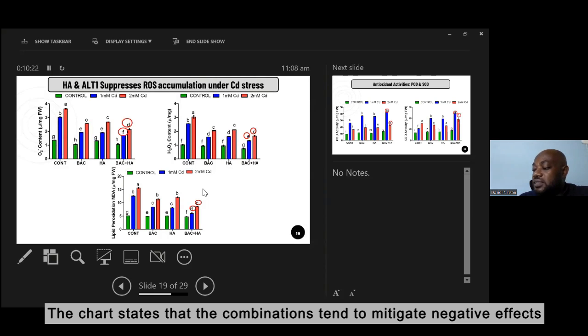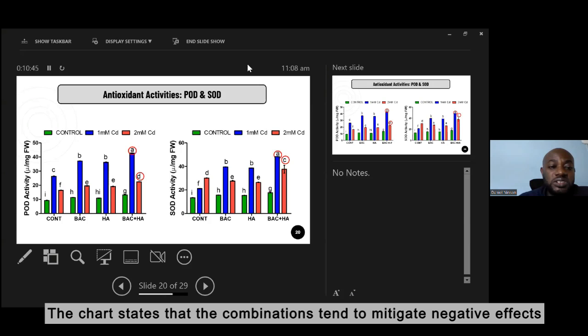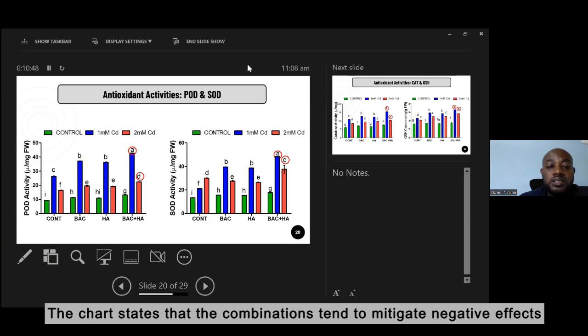I did mention that once the stress is induced, there's an increase in reactive oxygen species, oxidative stress goes higher, and there's also molecular and cellular damage. This shows how the combination of the two was able to suppress those negative effects on the plant as well. The same for these other stress markers that we studied.